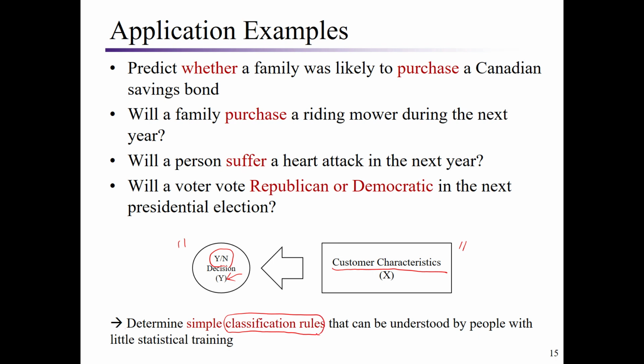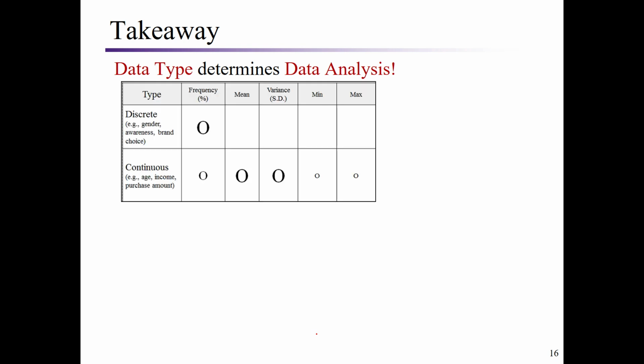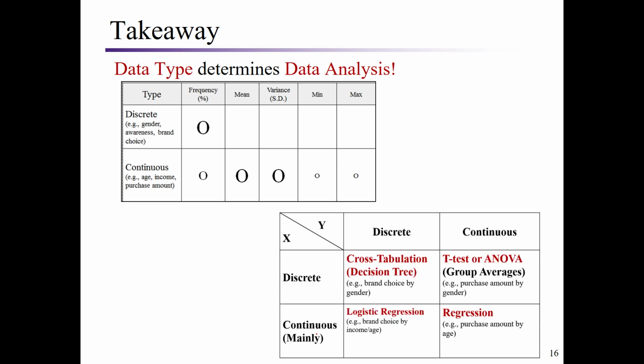We learned segmentation last time. So far, the takeaway of this course is data determines data analysis. Depending on whether a variable is discrete or continuous, we choose different univariate analysis. And in case of bivariate analysis, if both X and Y are discrete, then we will use decision tree like this.